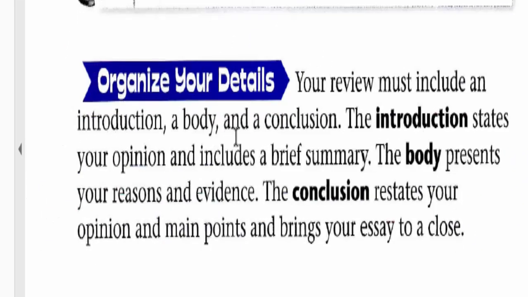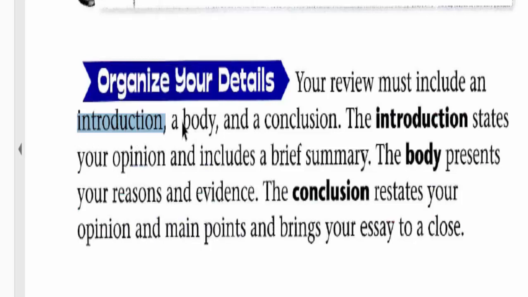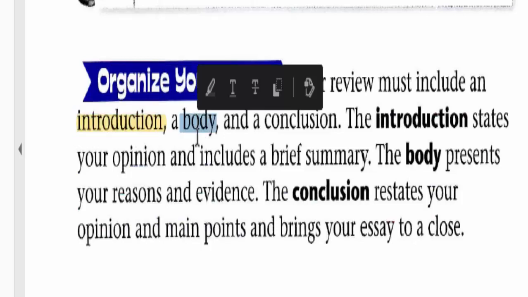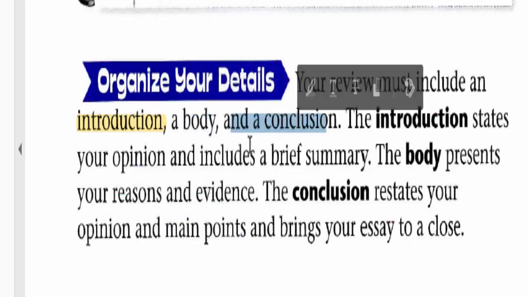Organize your details. So far we talked about what basic things you have to have in your review. You must include, number 1, introduction. Number 2, body. Number 3, conclusion.